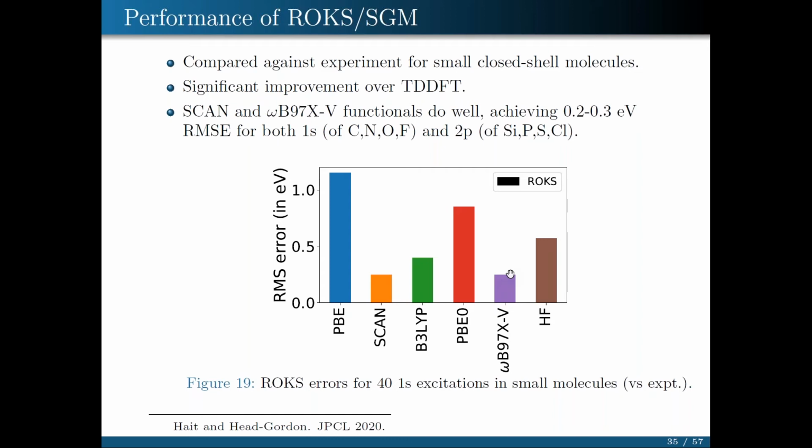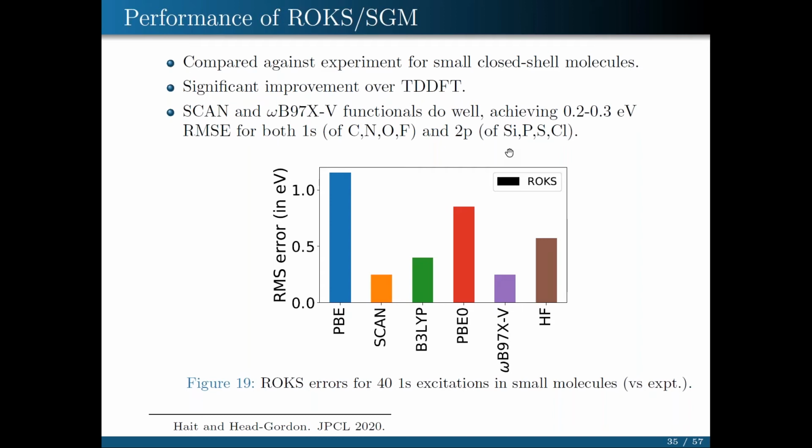So you can argue that SCAN with ROKS is semi-quantitative in yielding these K-edge excitation energies. Similar accuracy is also seen for excitations out of 2p levels of silicon, phosphorus, sulfur, and chlorine, the so-called L-edge. And this seems to argue that this is a pretty effective way of finding core excitations.